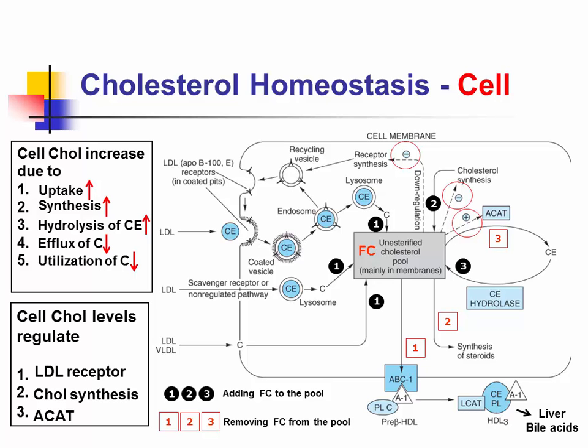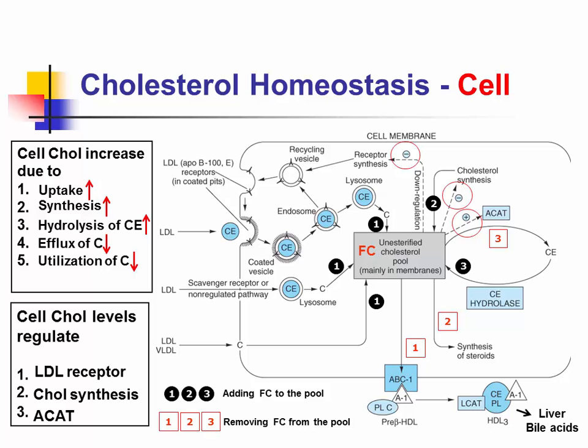And for the pathways that reduce cell cholesterol, for example, we remove cholesterol from cells and add it to HDL. HDL is a good cholesterol, right? The lipoprotein can take away cholesterol from the peripheral cells to the liver for disposal.